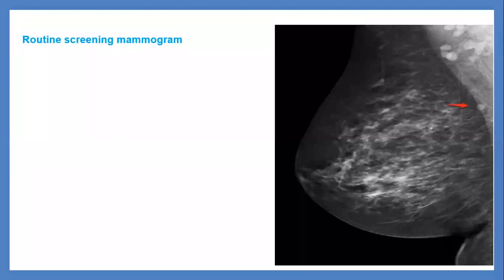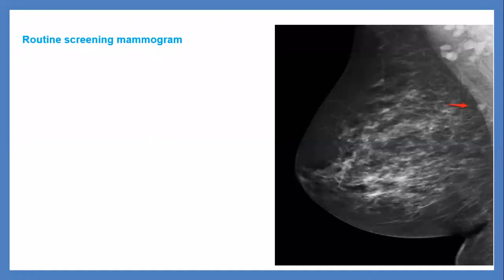This is a mediolateral oblique view of the right breast showing well-defined equal density mass at the posterior part of the breast near the pectoralis major muscle. No associated abnormality in the skin or any architecture distortion or asymmetry. At the axilla.